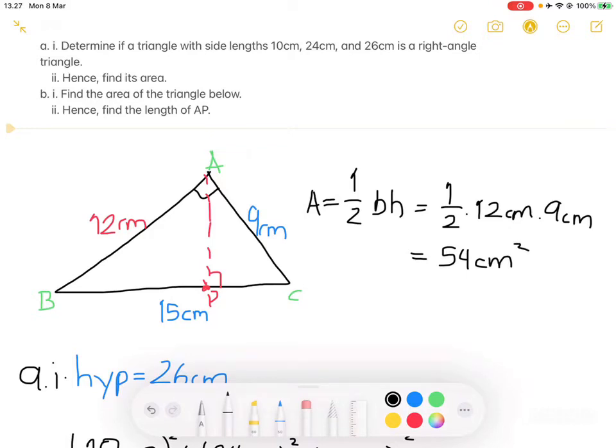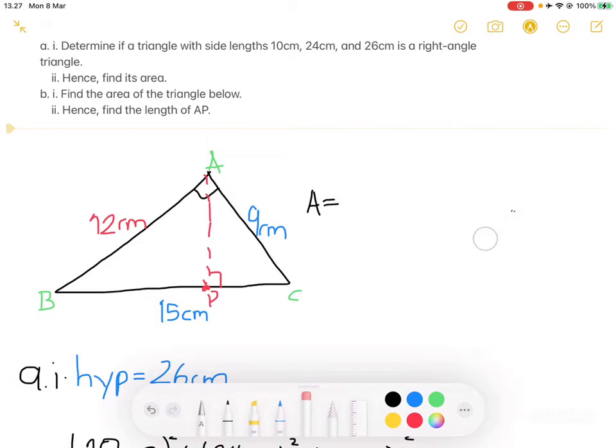Now the length of AP involves looking at the area of the triangle from a different perspective. We got the area of 54 centimeters squared, where we look at side AC as the base and side AB as the height, or vice versa, depending on the perspective, of course.